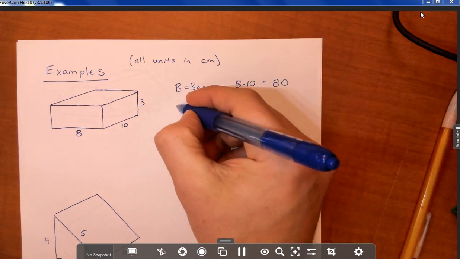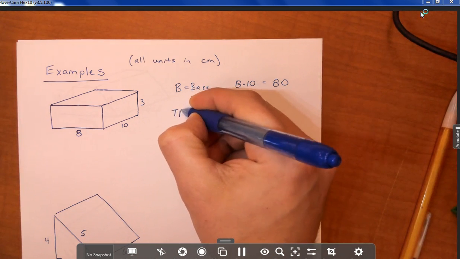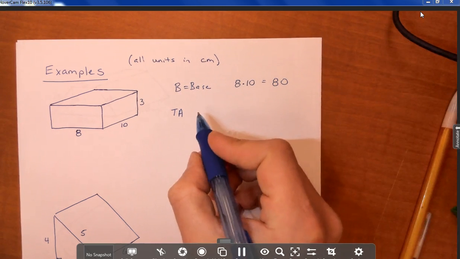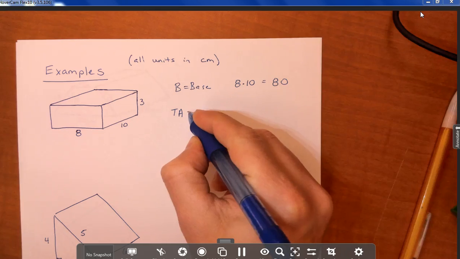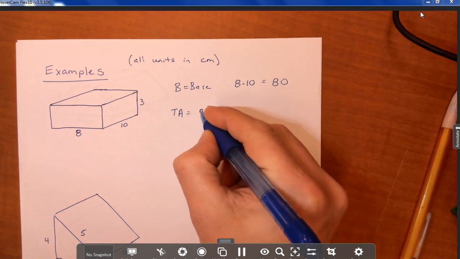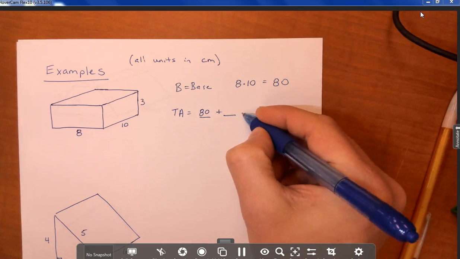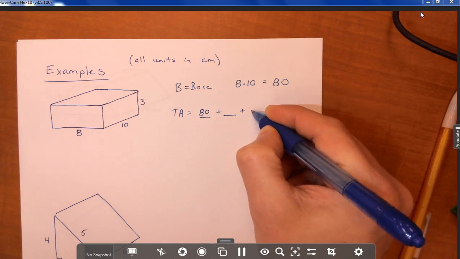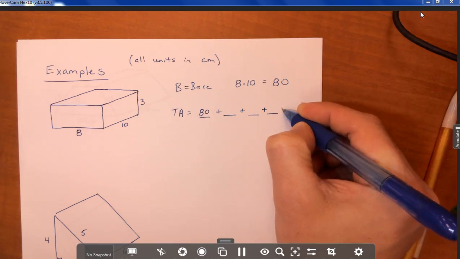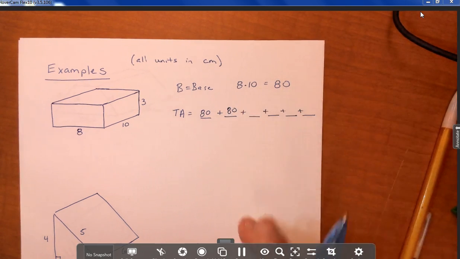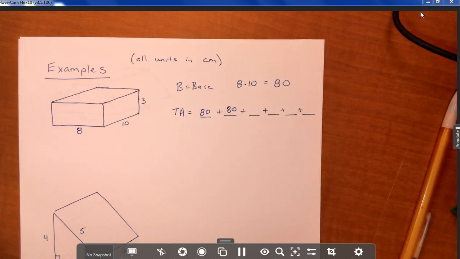So if we're trying to calculate the total surface area, I'll just put TA for total surface area. You guys know that in a rectangular prism, hopefully, there are 6 sides. So it's 3, 4, 5, 6. And when we find one side, we've already found the opposite. So 80 and 80, top and bottom.